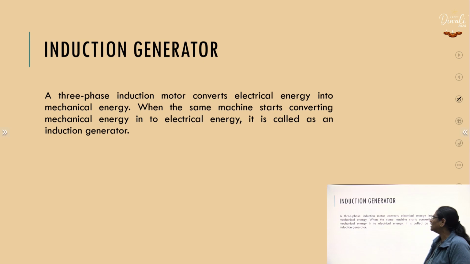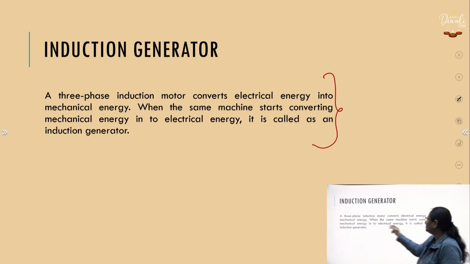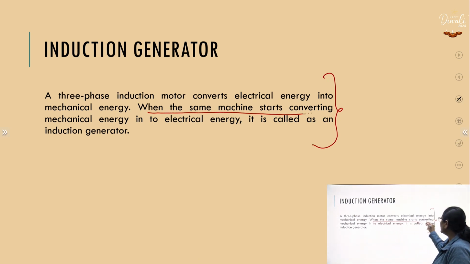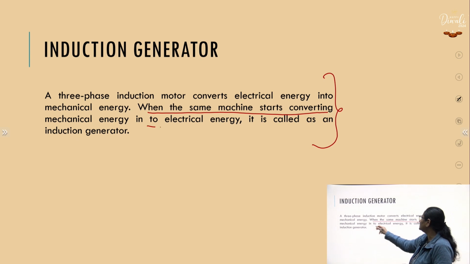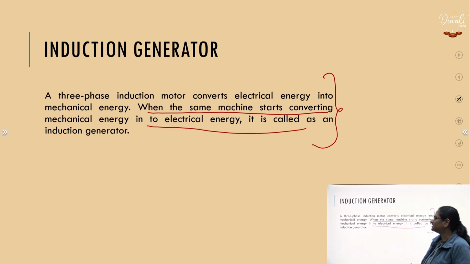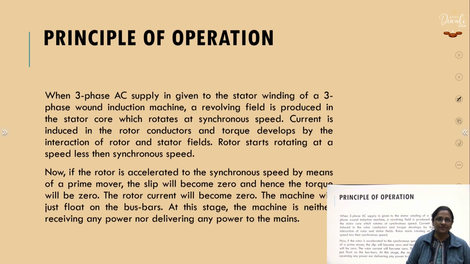A three-phase induction motor, we know well, converts electrical energy into mechanical energy, but when the same machine starts converting mechanical energy into electrical energy, it is said to be an induction generator. How does it happen?